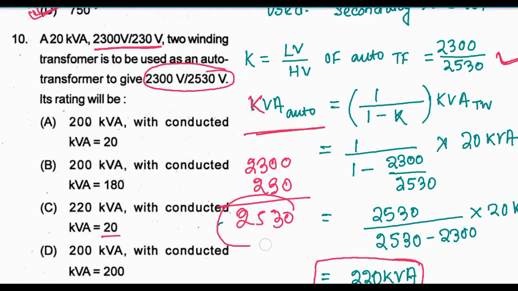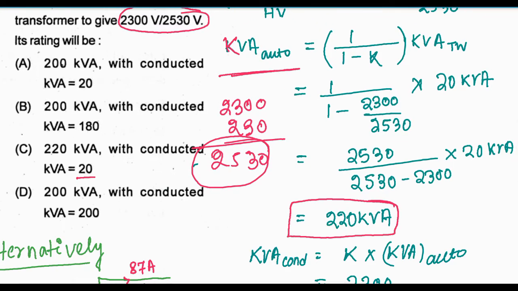This will be added, not subtracted. If we subtract, the kVA rating will be decreased. So always we design in additive manner, and 220 kVA will be the rating of the auto transformer.